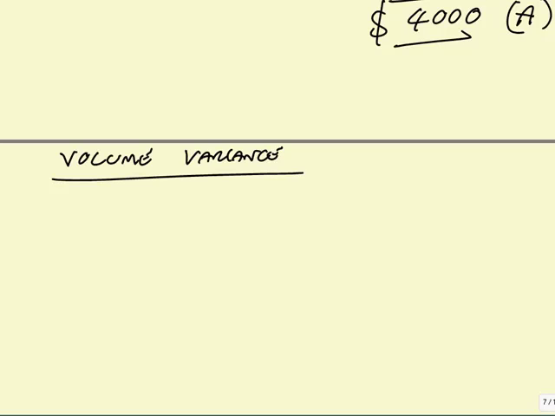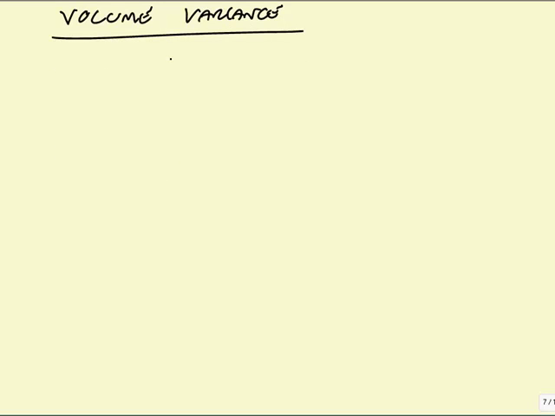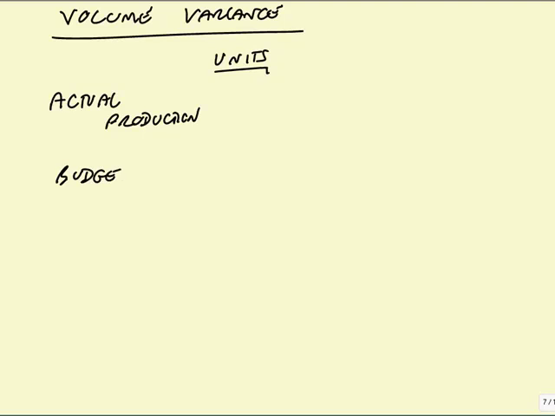And you compare your actual production with your budget production. When you're learning, do remember, in both cases it's production. Any mention of how many we sold is completely irrelevant. How many did we actually produce? We actually produced 9,000 units.